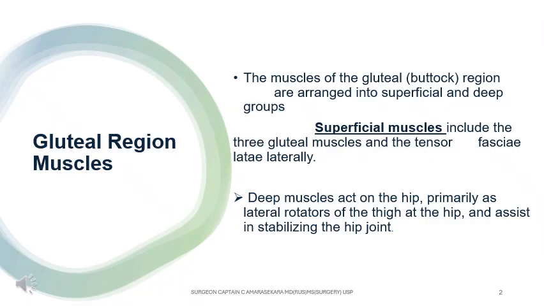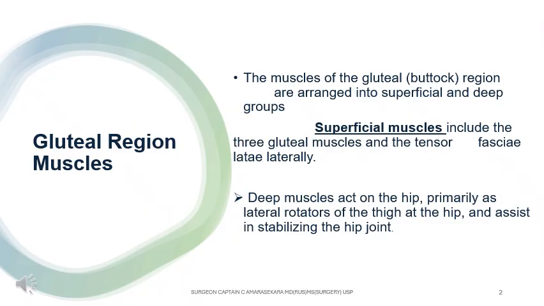These muscles are primarily responsible for hip extension, abduction, and maintaining pelvic alignment during gait. In radiotherapy, these muscles serve as key anatomical landmarks for beam orientation, especially when treating pelvic or sacral lesions.